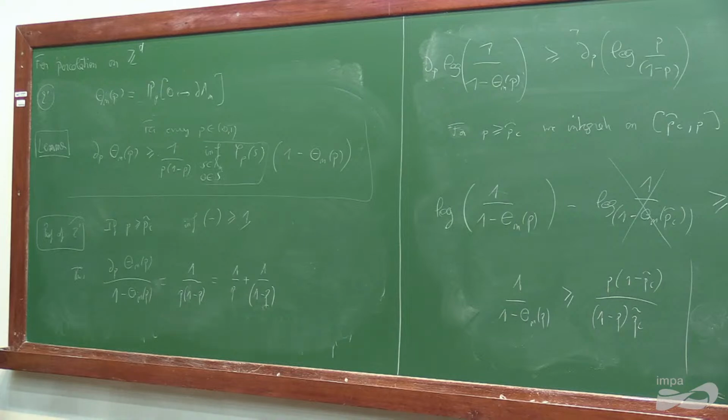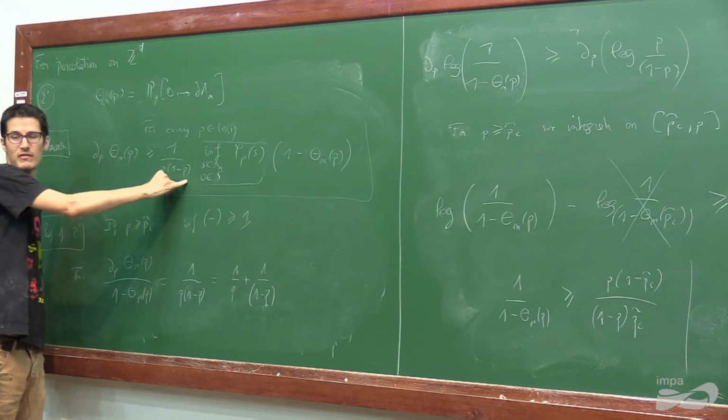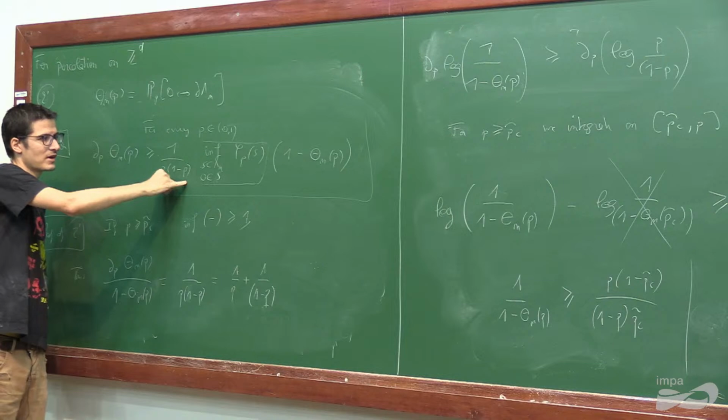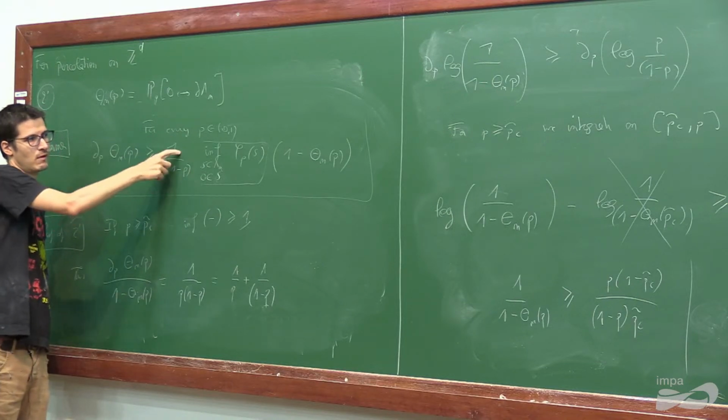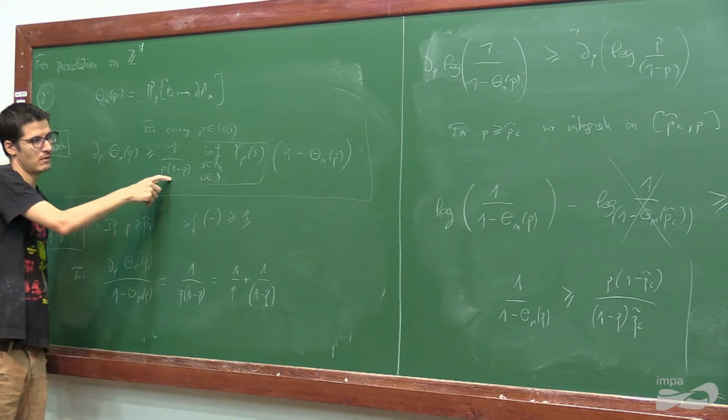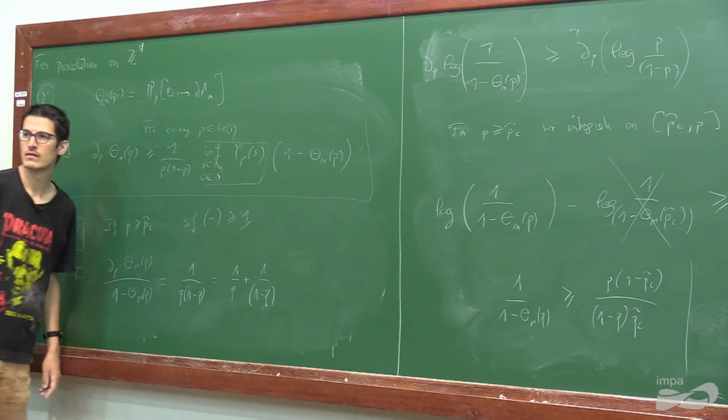Why? Well, in the way that you integrate, this is going to be bounded away from 1. This is going to be always larger than 1/4, and this is larger than 1.